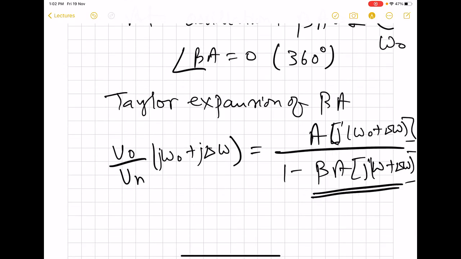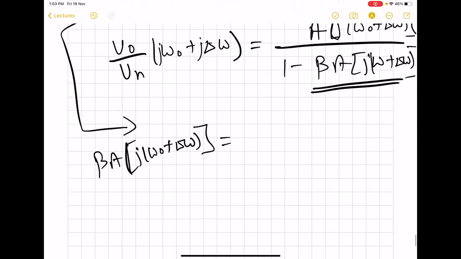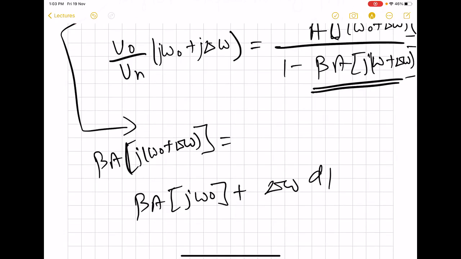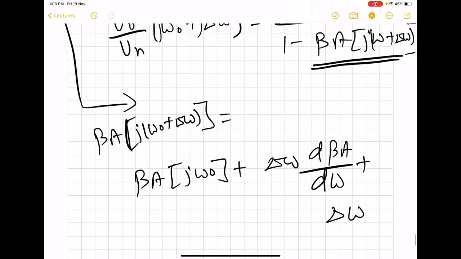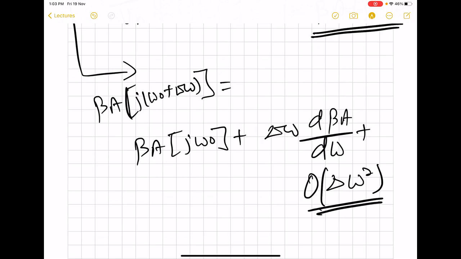So we will carry out the Taylor series expansion of this beta A. We will have second and higher order terms here.